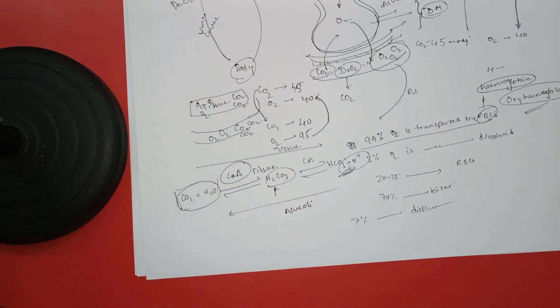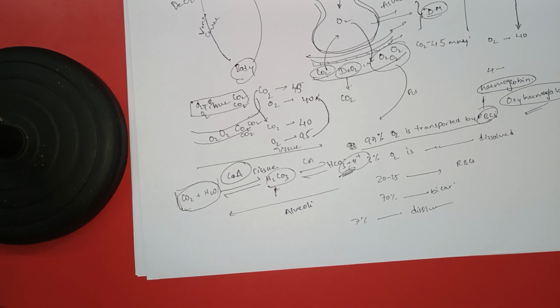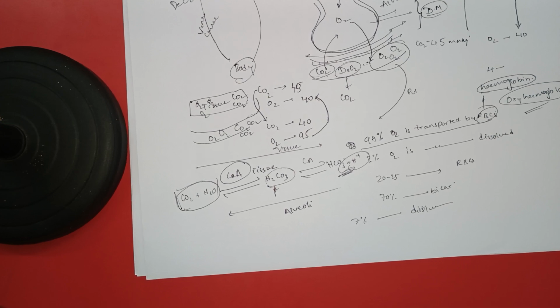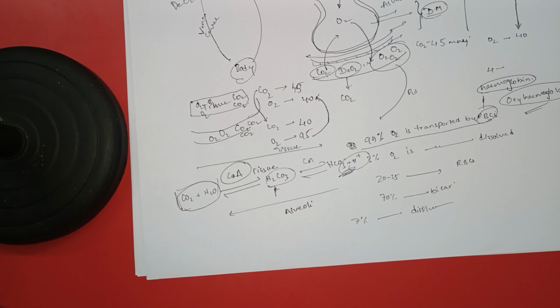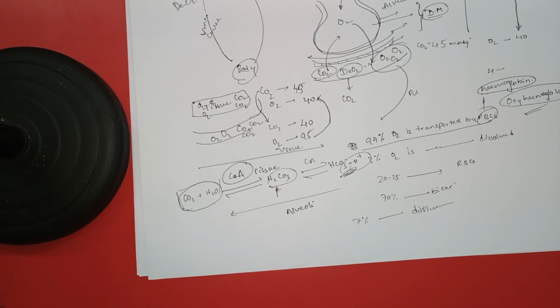In the tissues you have carbon dioxide and water vapor also. This carbon dioxide binds with the water to form H2CO3 in the presence of the carbonic anhydrase enzyme. Now this H2CO3, in the presence of the same enzyme, is converted into HCO3 and H plus ions.